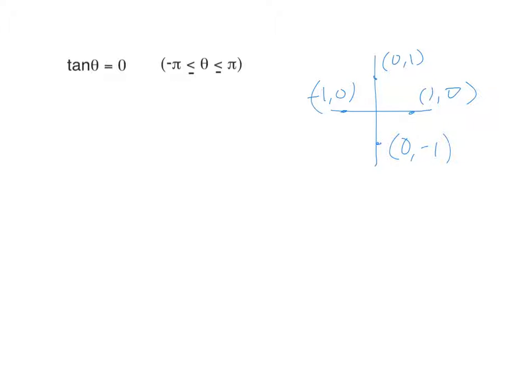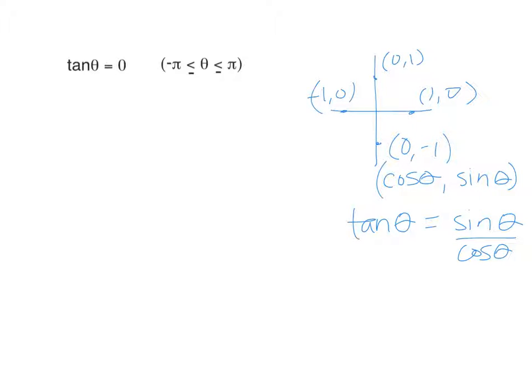And we know that those points take the form cosine theta, sine theta, and one more thing that we need to know, that tangent, we talked about this just really briefly the other day, tangent is sine over cosine. So we need to look at which of these, when you take the y value divided by the x value, will give you 0.